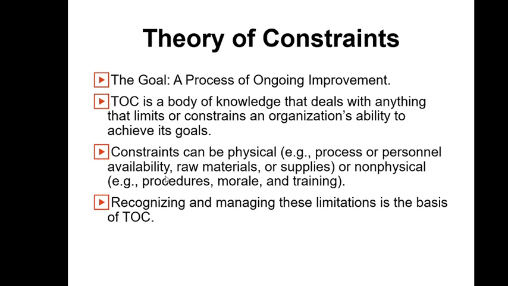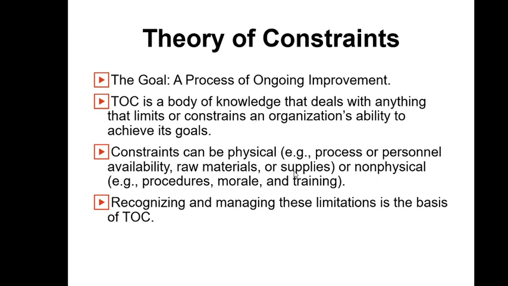In the production line they are doing the same, but be careful. The constraints or the limits, that's why we call it theory of constraints, could be physical process or personnel availability, the raw material or supplies. For example, sometimes I want to produce, but the problem is that my raw material is not enough.